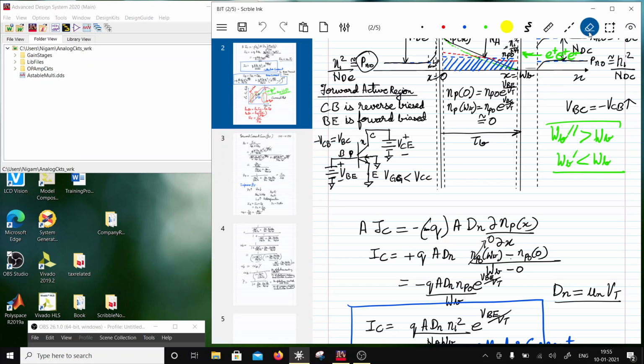It has been a long time and I got confused. So it is not the base transit time. The base transit time is tau f, which I'm going to talk about today, while this tau b is going to be what you call the relaxation time for the minority carriers in the base.